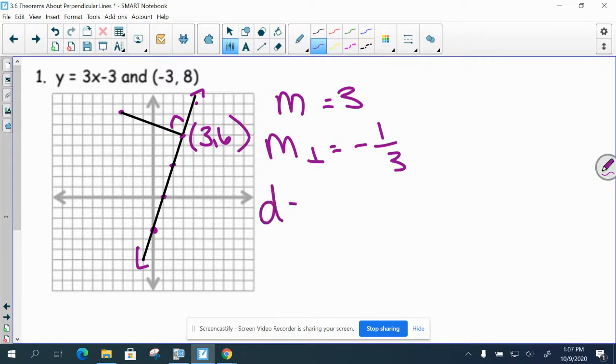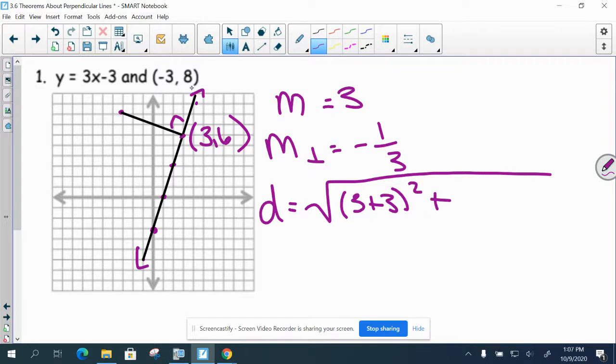So the distance would be the square root of 3 minus negative 3 squared plus 6 minus 2 squared. Sorry, 8, thinking ahead.